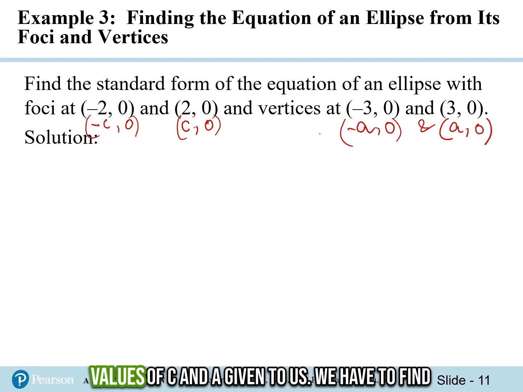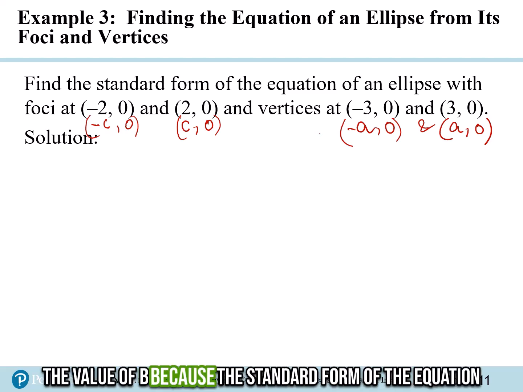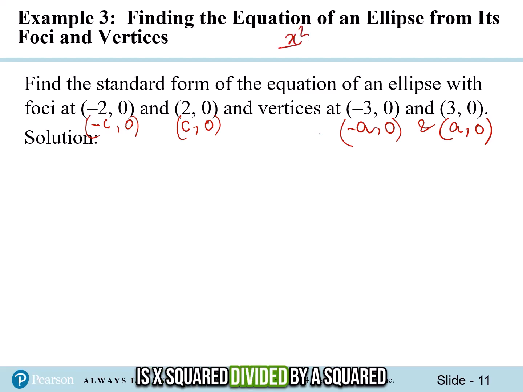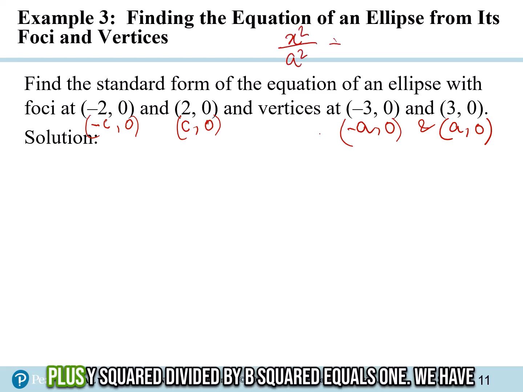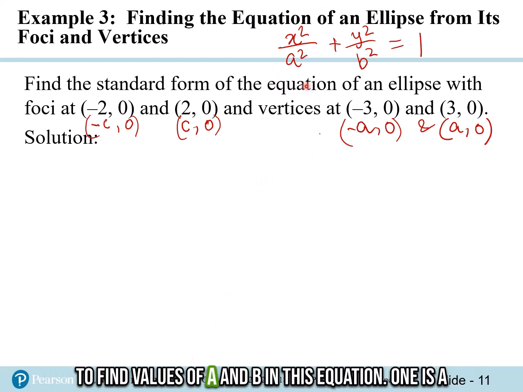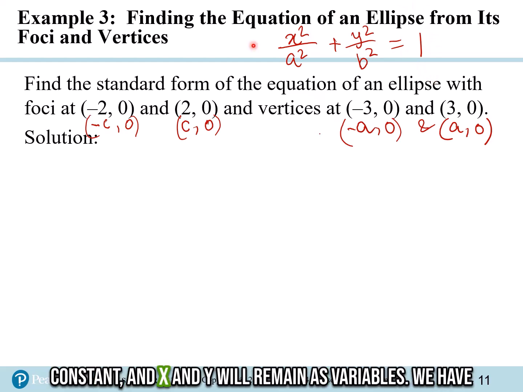So we have the values of c and a given to us. We have to find the value of b, because the standard form of the equation is x squared divided by a squared plus y squared divided by b squared equals 1. We have to find values of a and b in this equation. 1 is a constant and x and y will remain as variables.